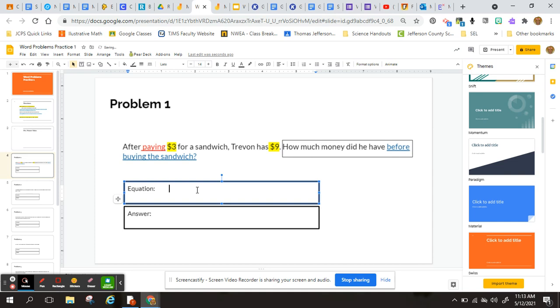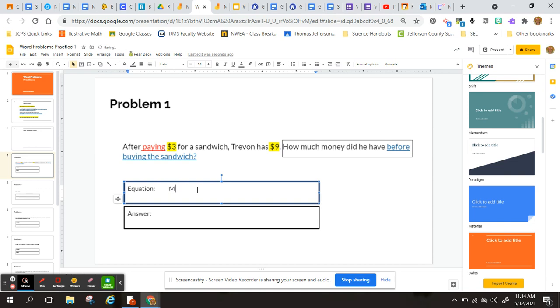Okay, so $3. Because I spent $3, and now I have 9. So I had something before that, which we don't know what he had before. So we would say money.